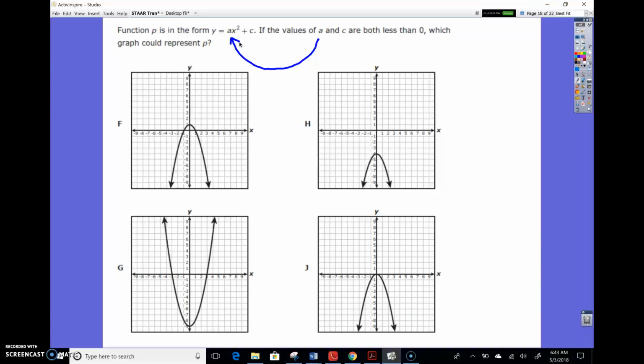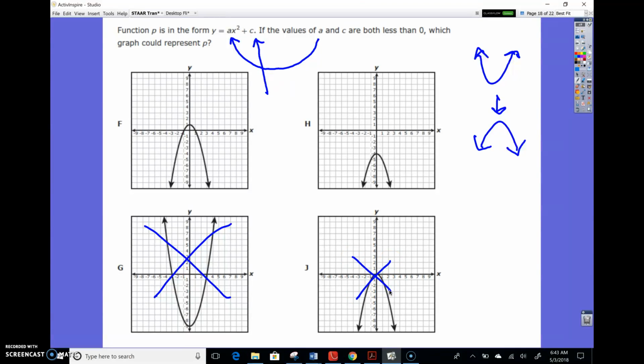The parabola is going to change from this to this. So we're looking for a parabola that opens down. So we know this one's not correct. And c is less than 0. C is kind of like your y-intercept, so that means your y-intercept is less than 0. So it should be at the bottom. This is at 0, so it's wrong. This is above 0, so it's wrong. So our answer here is H.